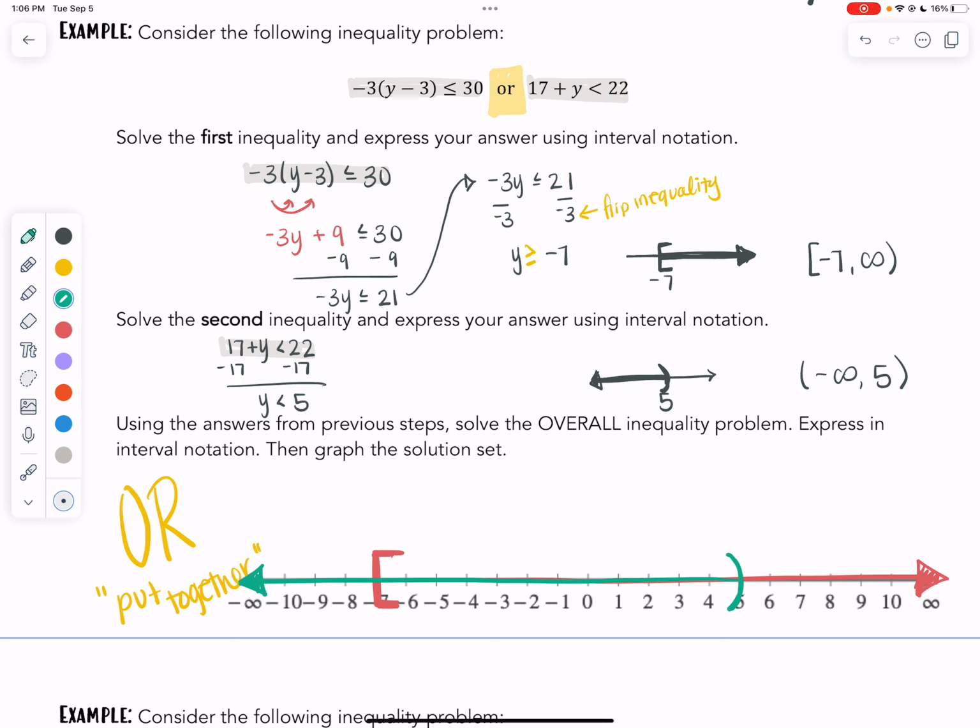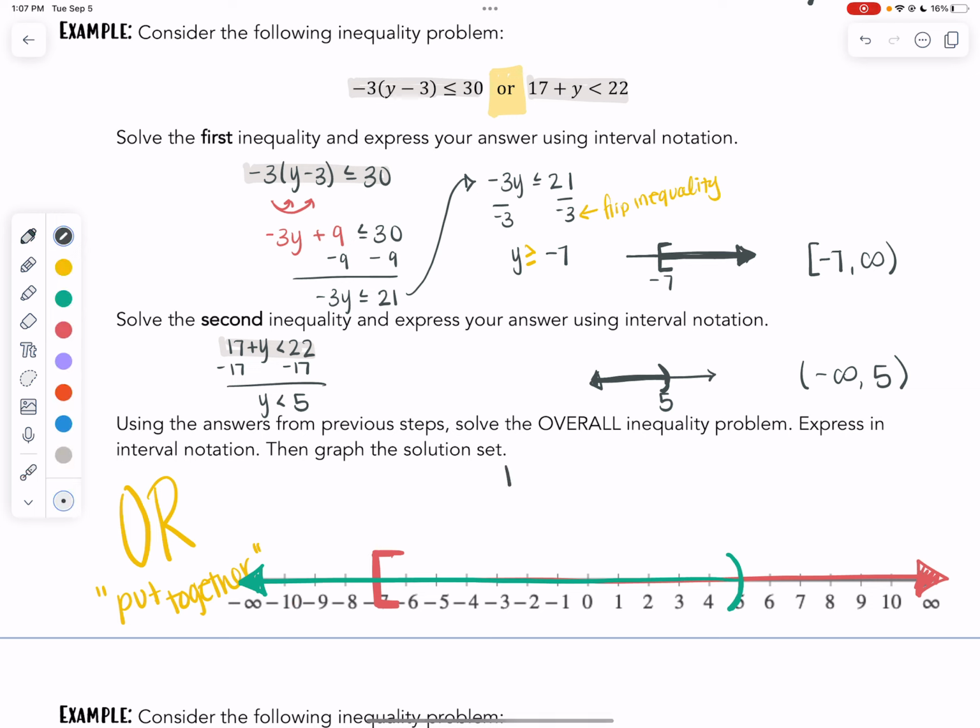And I'm looking for or. I'm looking for the combined of the two. And so when I combine these two graphs, I'm going from negative infinity to positive infinity because I've got arrows on both ends.